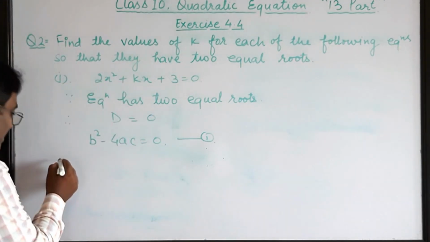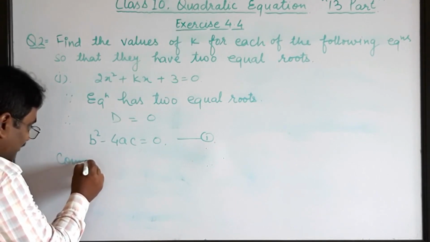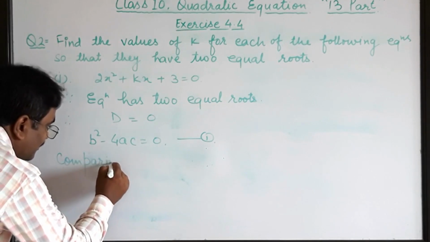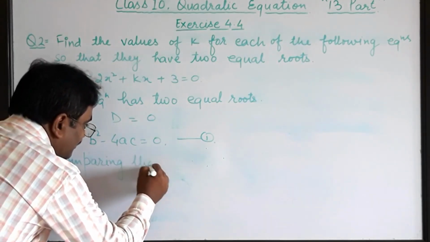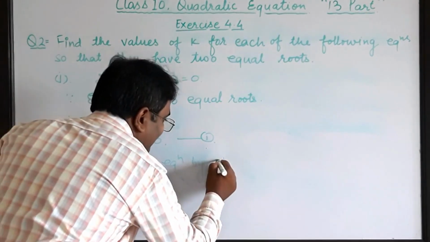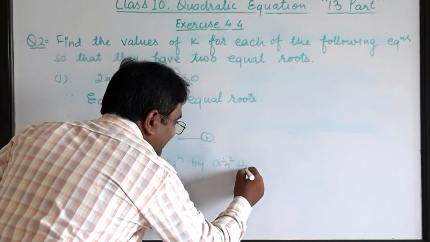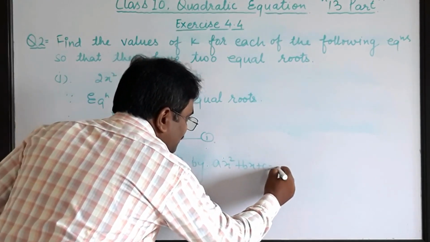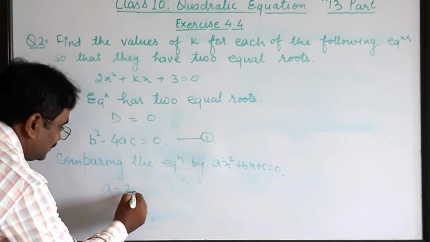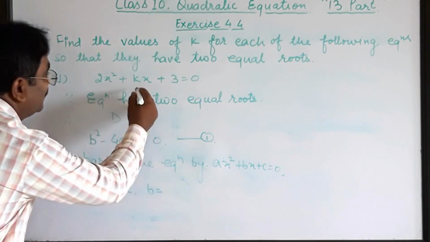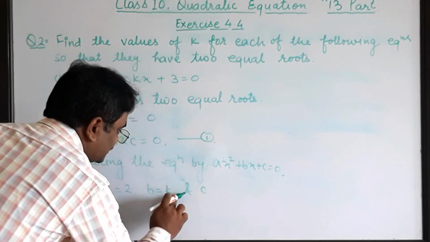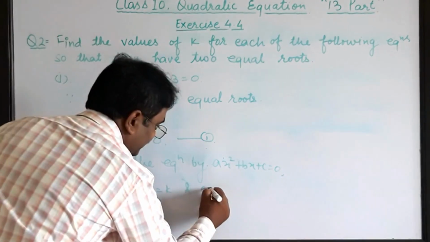So comparing the equation by ax square plus bx plus c equals to 0, we get a is equal to 2, b is equal to k, and c is equal to 3.